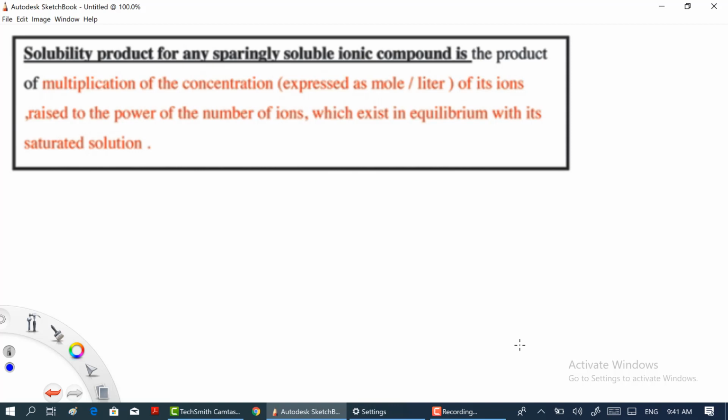Solubility product is related to sparingly soluble salts, like AgCl. It forms Ag positive plus Cl negative, aqueous and aqueous, and the solid.